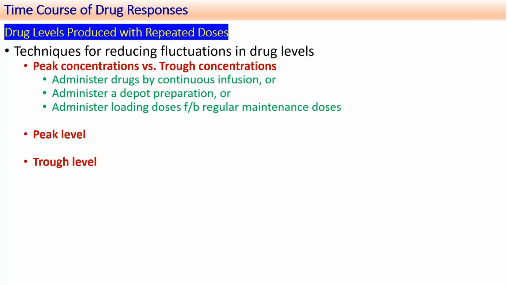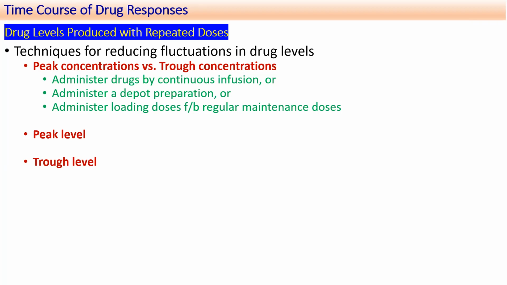Instead of giving 60 milligrams of codeine once daily, it may be given as 30 milligrams 3 times a day to reduce the wide variations in the peak and trough levels.